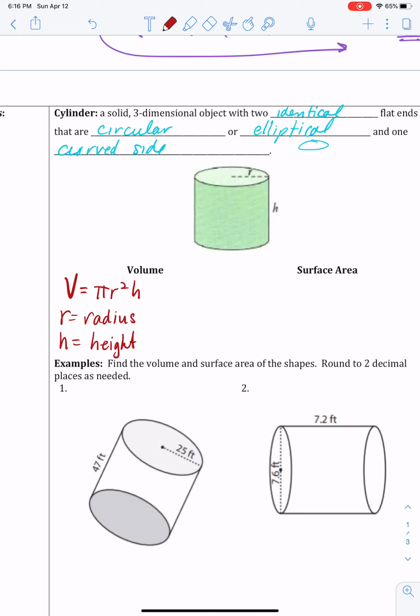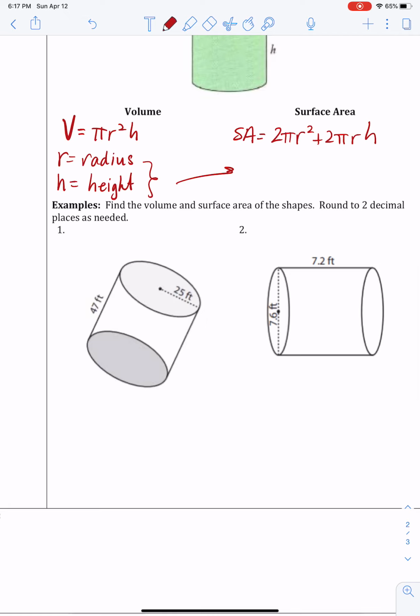And for surface area, I get 2 pi r squared plus 2 pi r h. And radius and height work for both parts of this. So let's do a couple of examples.